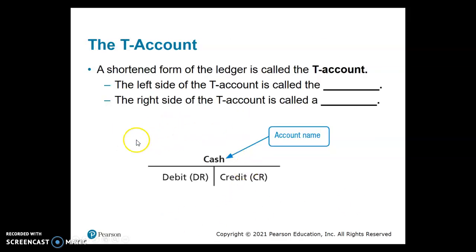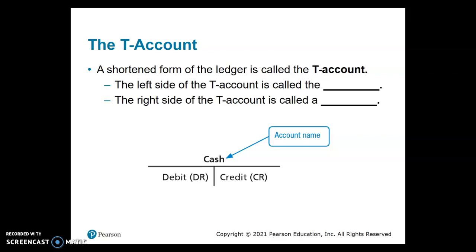So we use what's called a T account to represent the general ledger. It's a shortened form of the ledger, and it's shaped like a T. On the top of the T account, you have the account name. So this is the cash T account.